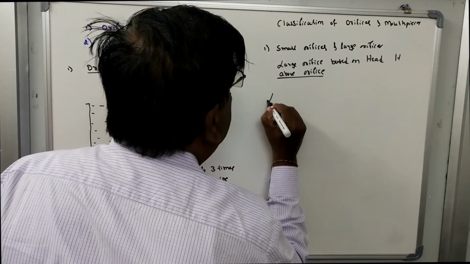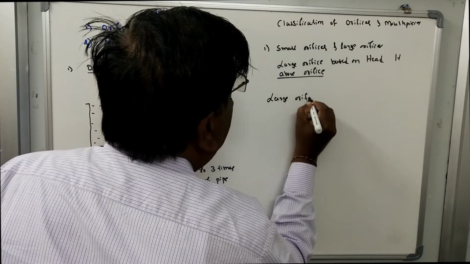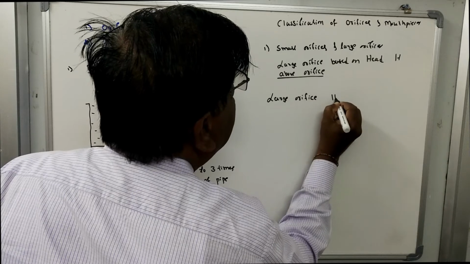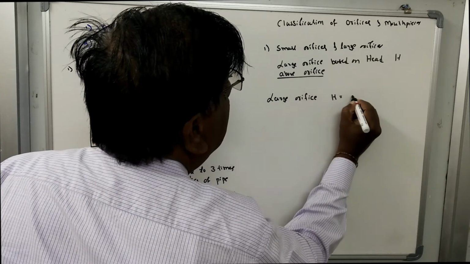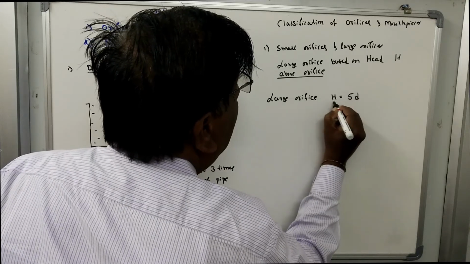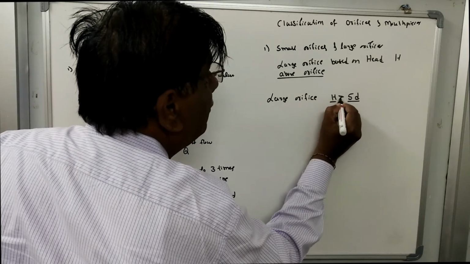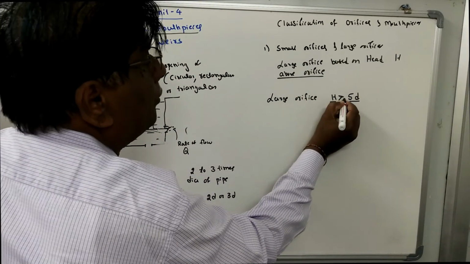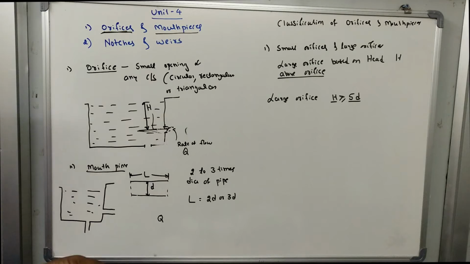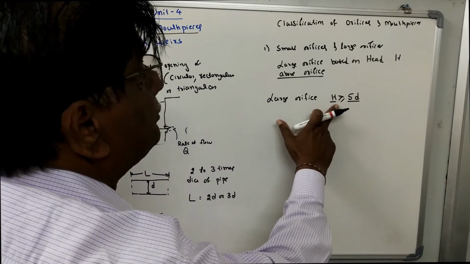Large orifice means H is equal to 5 times the diameter of the orifice, or it is more than or equal to 5D. Then you say this orifice is a large orifice.